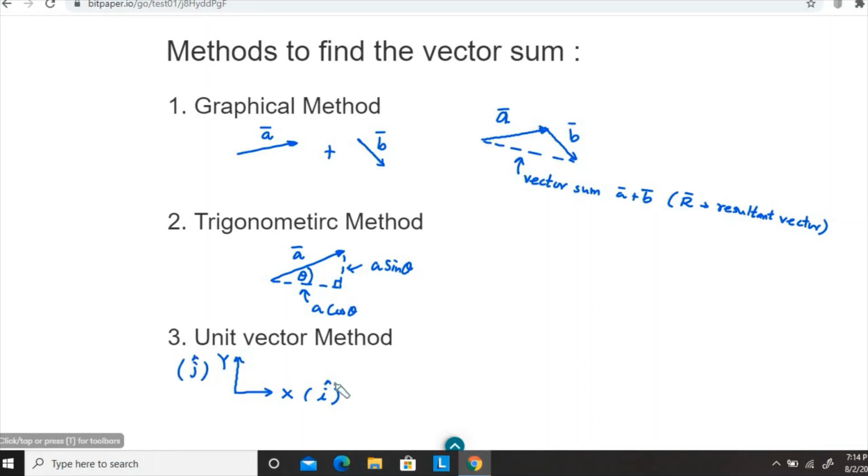So what we do is represent any given vector in terms of i's and j's, and then when we need to get the vector sum of many vectors, we simply add all the i components and all the j components of those vectors, and we get the vector sum. Again, remember, this unit vector method is discussed mainly in general physics courses, not in college physics courses.